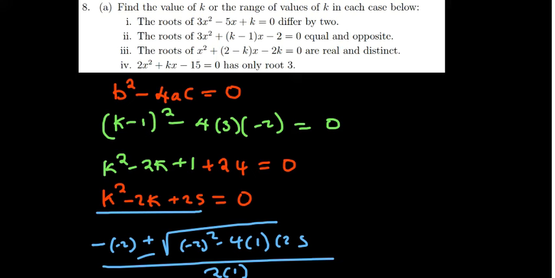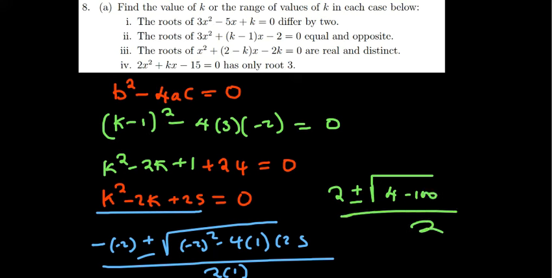So you have 2 plus or minus the square root of 4 minus 100 over 2. So I don't know, for me it is confusing.